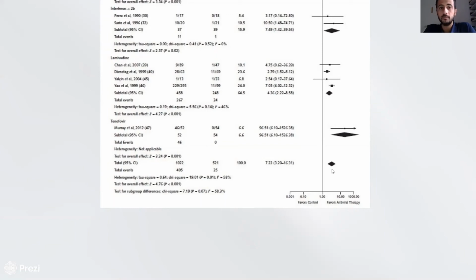Both. Okay. Tell me about something that is in common between the two numbers, the RR and the OR. What is the most important thing in common between these two numbers?